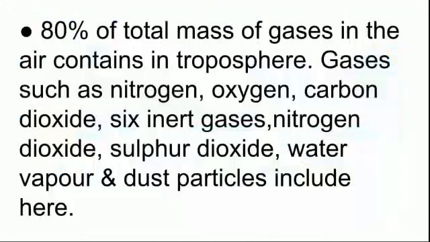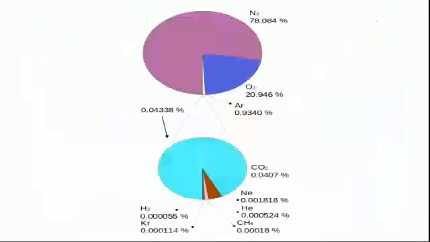If you see the proportion of various gases in the air, you can observe that nitrogen is near about 78%, oxygen is 21%, argon 0.9%, and other constituents of air are in 0.07 percent.